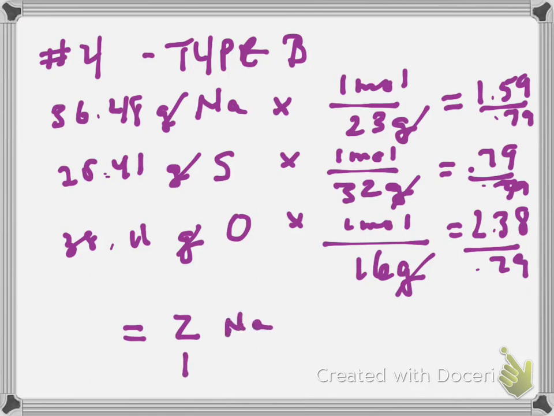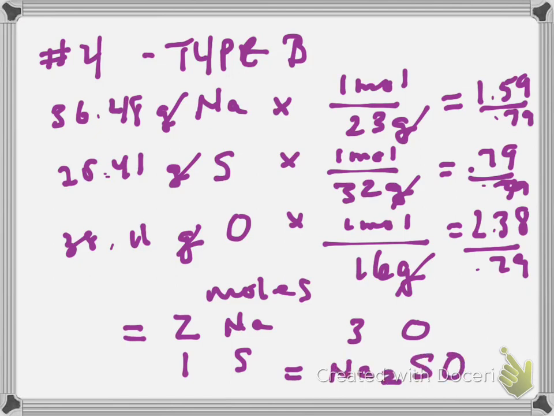I end up getting 1 for sulfur. And I'm getting 3 for oxygen. And again, these are all moles. So that simplest whole number mole ratio of the atoms of the elements in a compound is the empirical formula. So final answer, Na, those become the subscripts, Na2SO3.